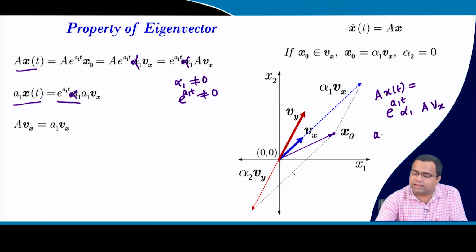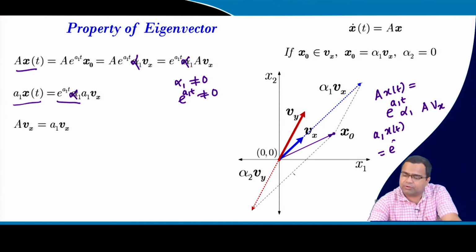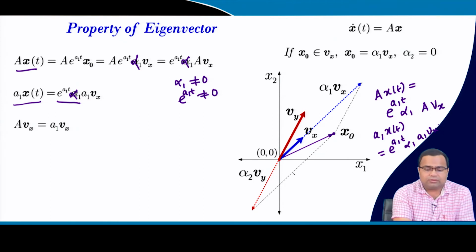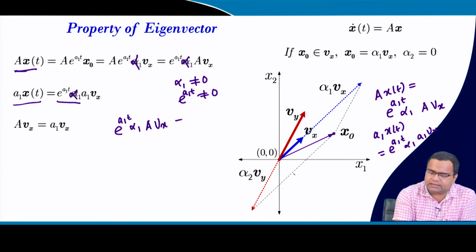And what is our a1 xt? This is again e to the power a1 t alpha 1 a1 vx. Okay. So, from these two equations, we are getting e to the power a1 t alpha 1 a vx is equal to e to the power a1 t alpha 1 a1 vx.